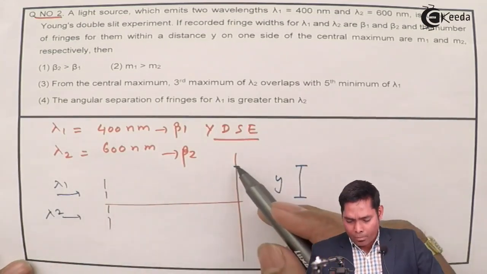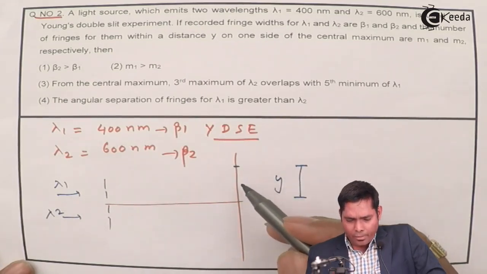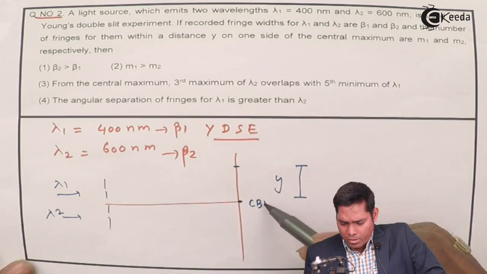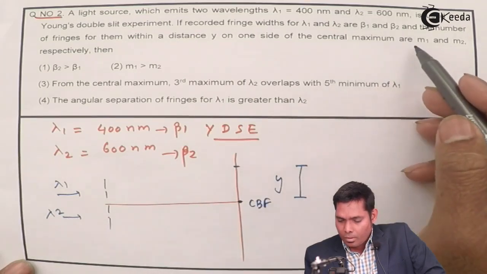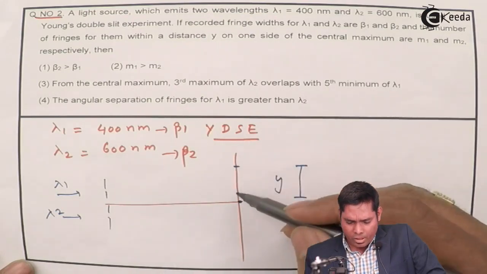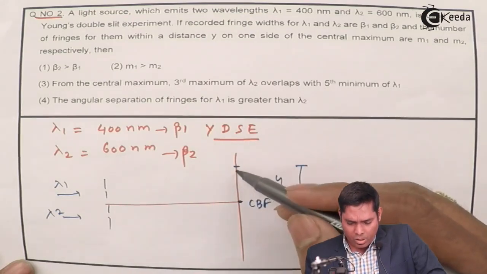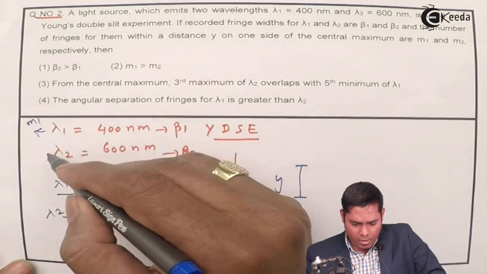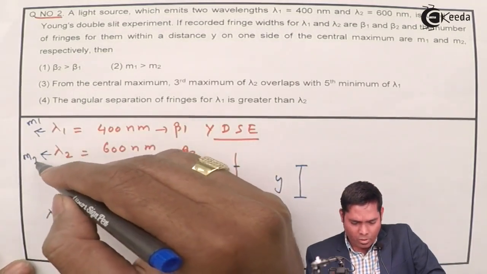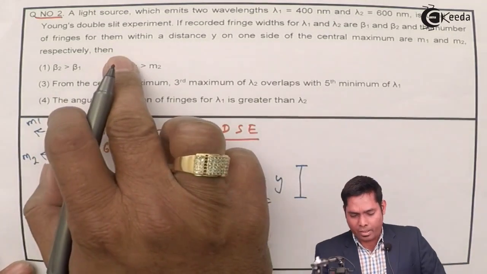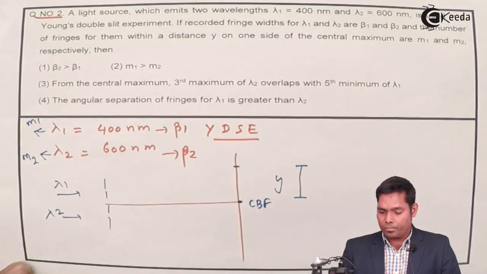When you are using lambda 1 within a specific distance y on one side of the central maxima, this is the central bright fringe, the central maxima, and the number of fringes here is m1 and m2. So this is m1 for this light, and m2 for this light is the number of fringes.